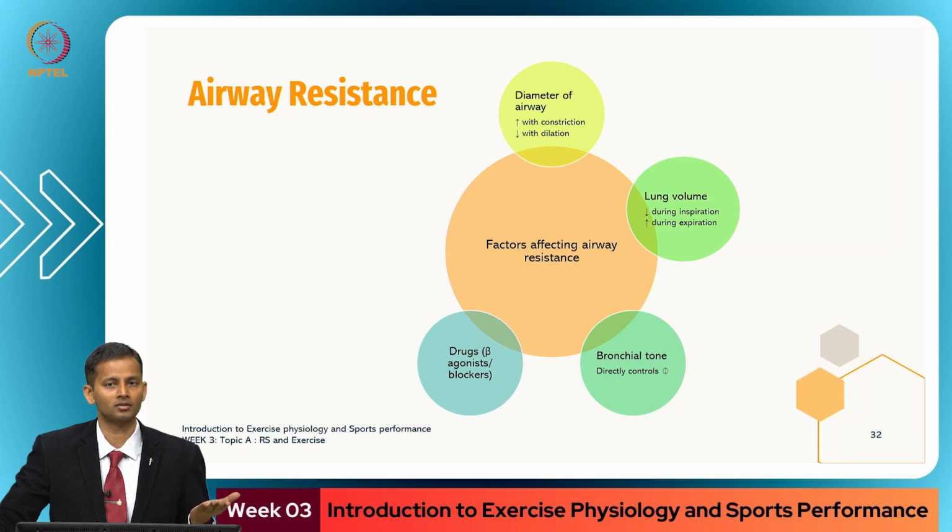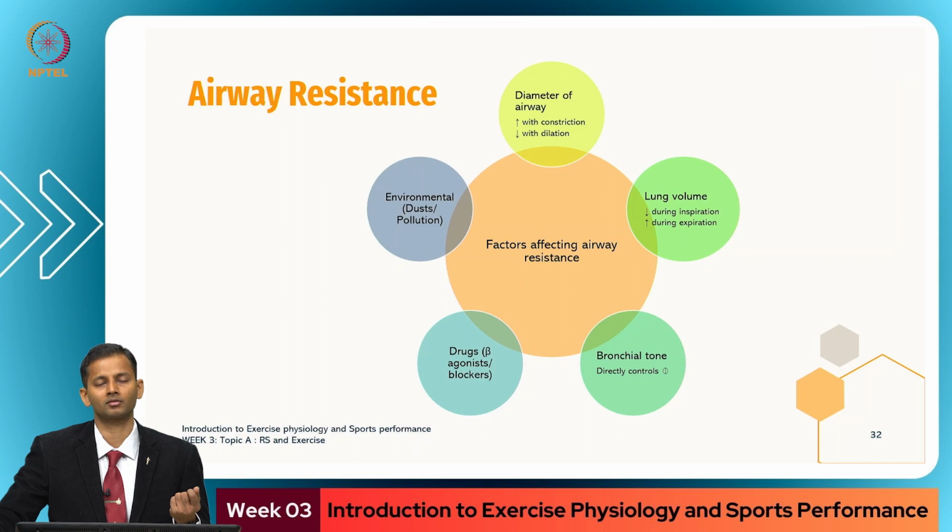You have various drugs, as I mentioned, the drug class of the beta agonists, which can increase the diameter of the bronchial airway. Then also you have the environmental factors like certain dust, pollen grains and some allergens which can influence the bronchial diameter, thereby also affecting the airway resistance.